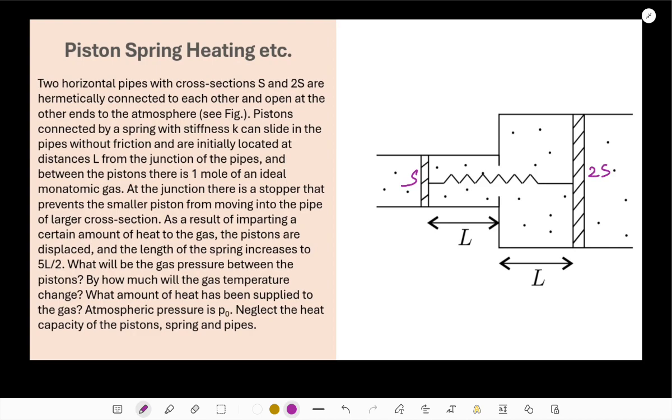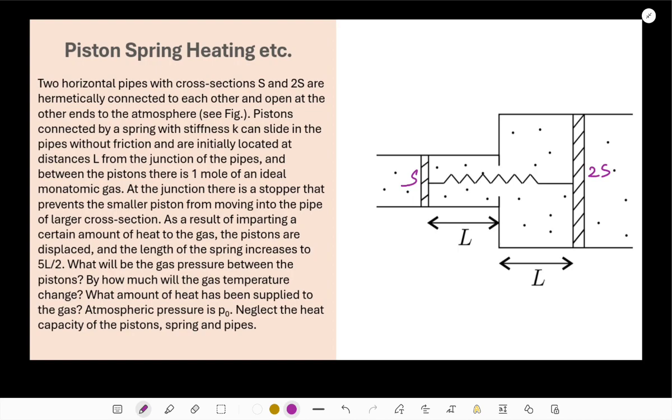Otherwise, they must have been displacing initially, and now they have displaced. That means after a certain amount of heat is given, the pistons are displaced, and the length of the spring increases to 5L/2 minus 2L. Okay, 2.5 minus 2. Half L is the extension of the spring.